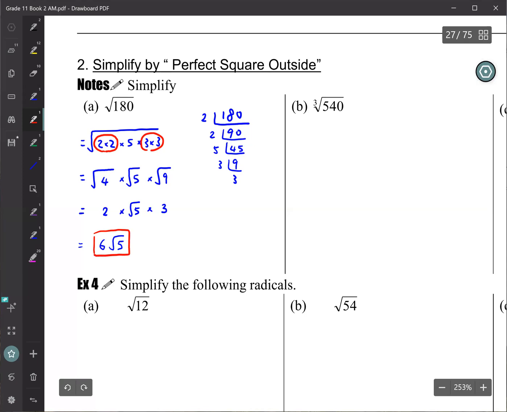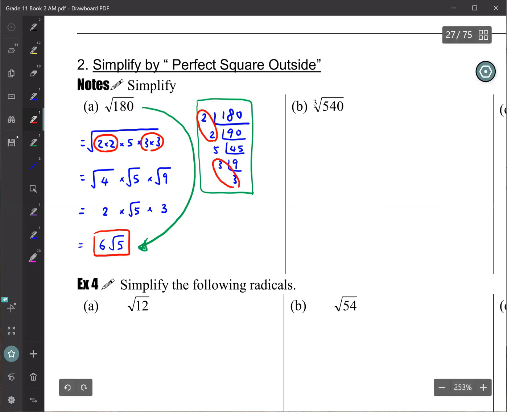But this takes too long, right? You can see that it takes me 4 lines to get to the final answer. So the way I can do this faster, I want to go straight to here. What you need to do is look at the table here, the square table, and you see from the chart, you have a pair of 2, and a pair of 3.